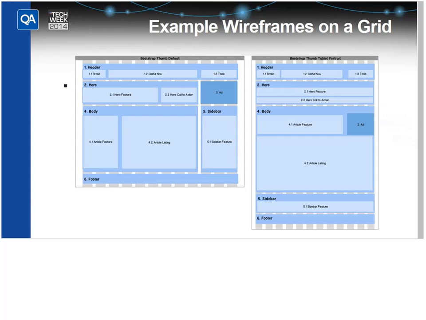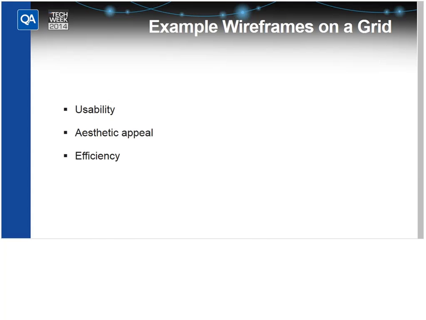So grids allow us to take an area of a page and break down the document into smaller units. Grids aren't necessarily new. 960 is a grid which has been used in desktop design for a number of years, but that was for fixed pixel type layout. The benefits of the grid are usability, aesthetic appeal, and efficiency.